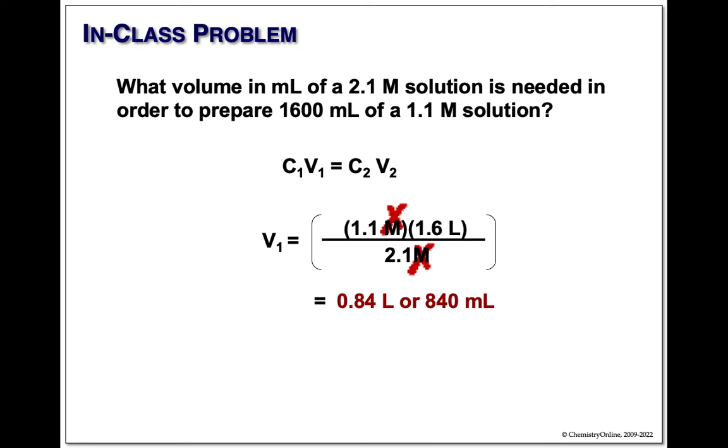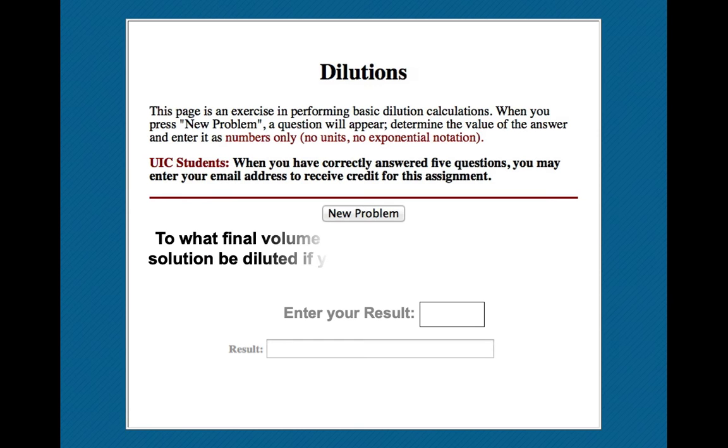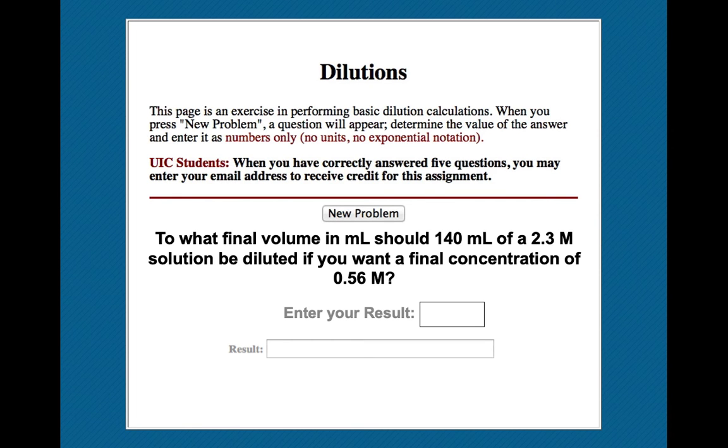Any questions? Well, this brings us to the final tutorial for the chapter, called dilutions. To what final volume? That's V2. We have to express it in mL. We have 140 mL of 2.3 molar, and here's our final concentration. We're looking for the final volume, V2.